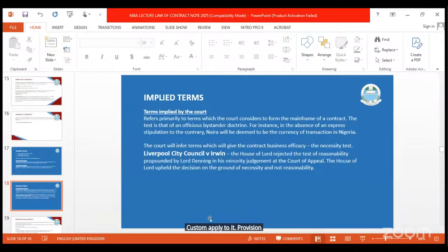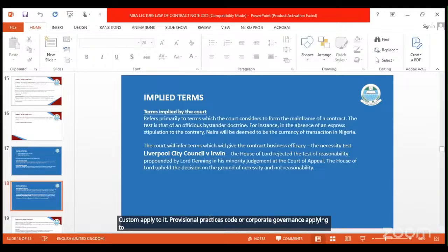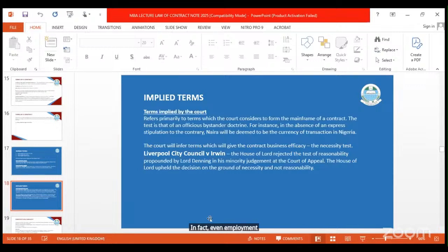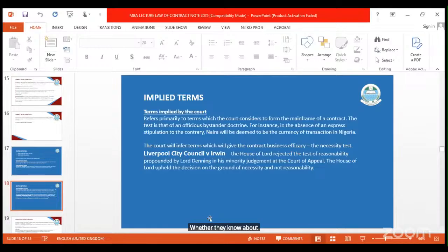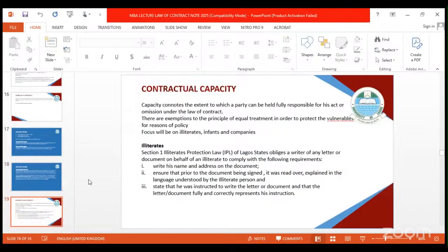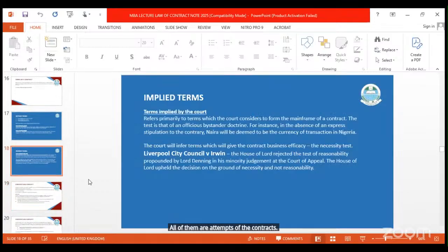Professional practices, codes of corporate governance apply to it. International standards apply to it. In fact, even in employment, international best practices in employment are implied into it. Whether your employer in the sector you're working in knows about it or not, they are all implied. All of them are terms of the contracts.